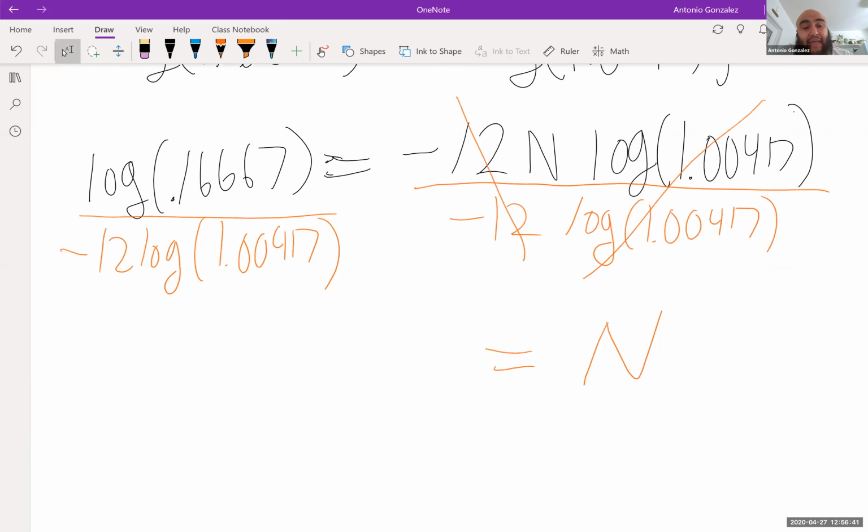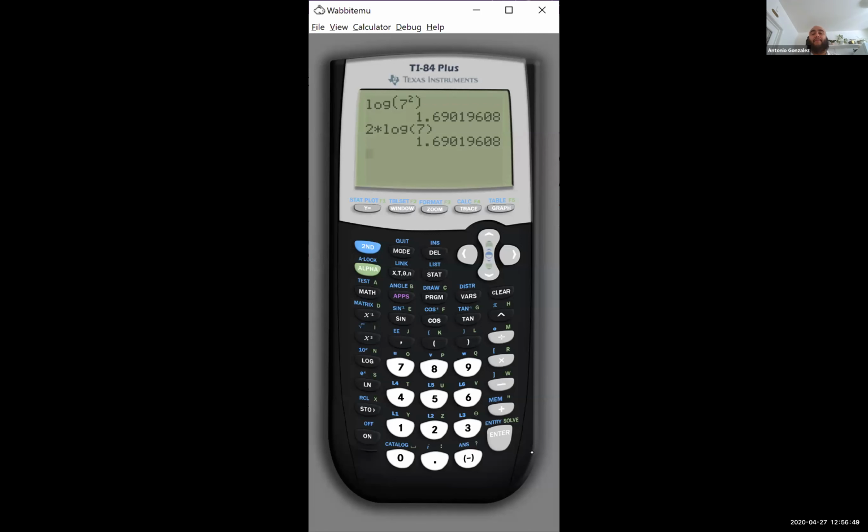Now the next thing is, let me calculate the left side, right? So I'm going to bring my calculator up here. Okay. And again here, so clear, and I'll plug in log of 0.16667, and I'm going to divide that by, let me open up a set of parentheses here, -12 times log of 1.00417.